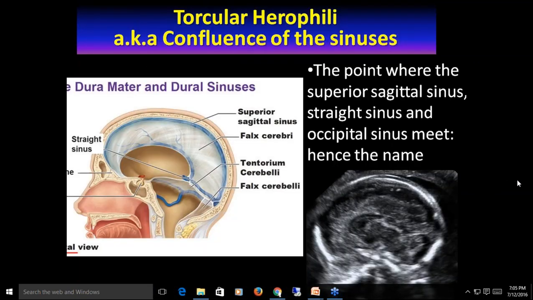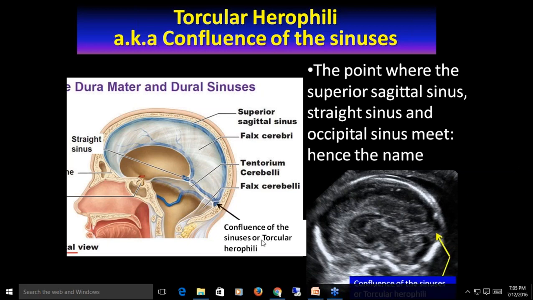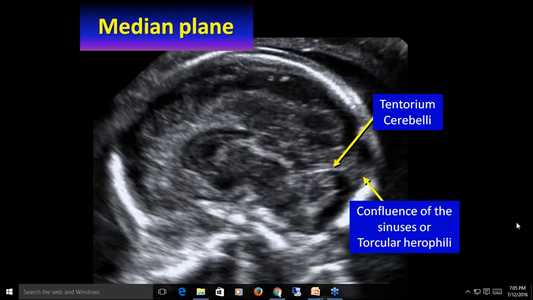Now let's talk about the torcular. The torcular herophili, also known as the confluence of the sinuses, is the point where the superior sagittal sinus, straight sinus, and occipital sinus meet, hence the name. Right here we can see it in this picture, and here we can see it on the ultrasound in this median section.